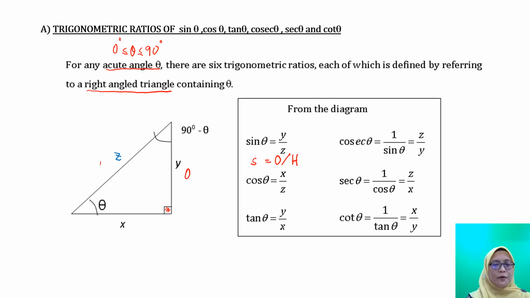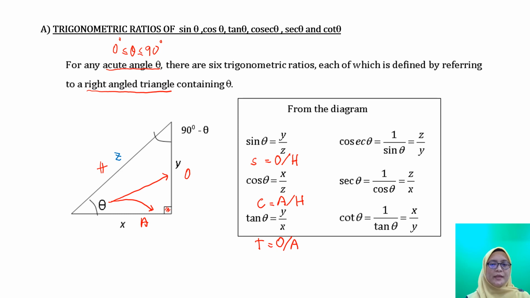Then for cos theta, this is adjacent, so cos is adjacent over hypotenuse. Tangent theta is opposite over adjacent, so tangent equal to opposite over adjacent.